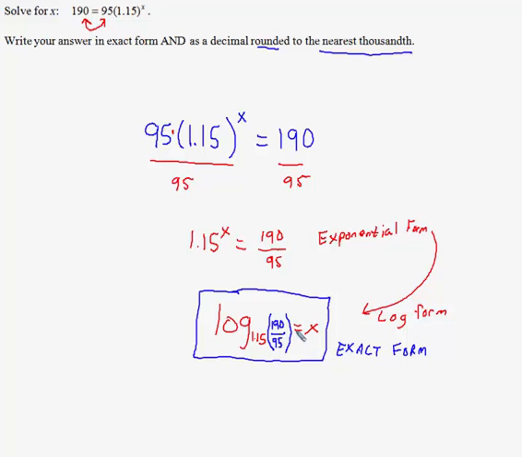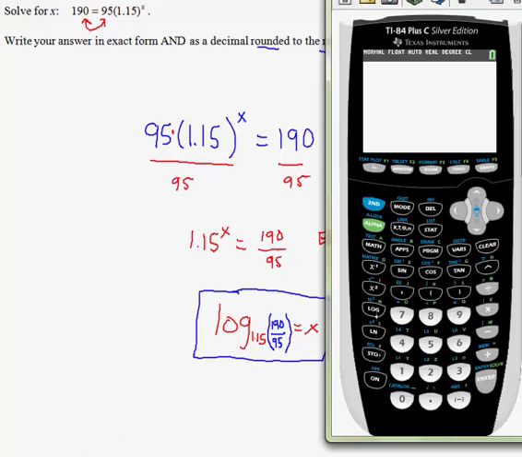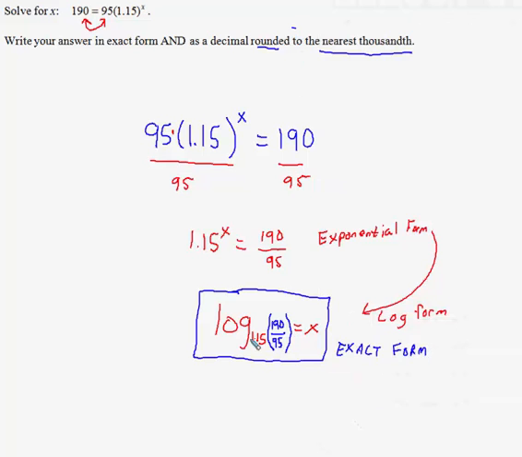Now to type this in a calculator, I don't have a button on my calculator that does base 1.15. In fact, let me switch to the calculator real quick. I have a log button on my screen, but notice there's no base written. We are to assume that this button gives me a log base 10. Well, I don't have log base 10, I have log base 1.15. So I need to change the base, and that's why I'm going to use the change of base formula.